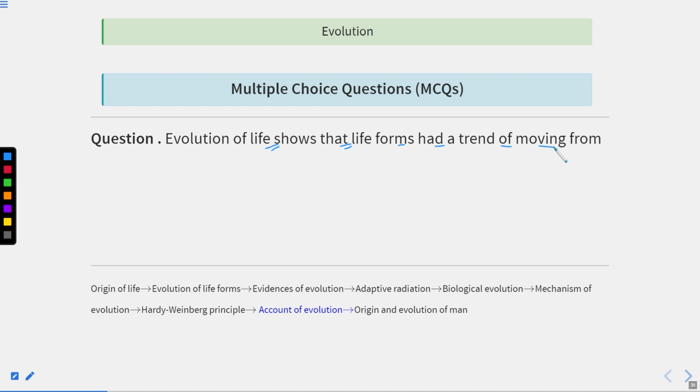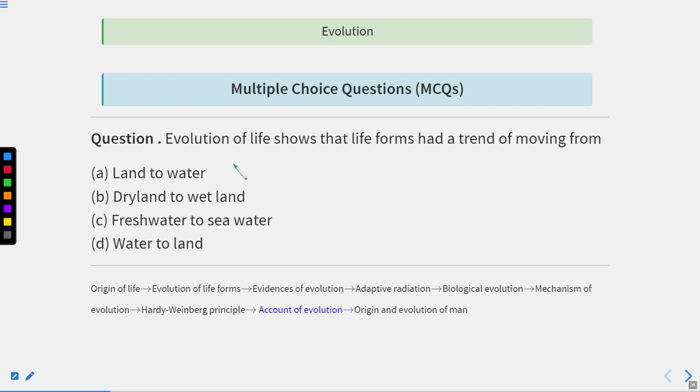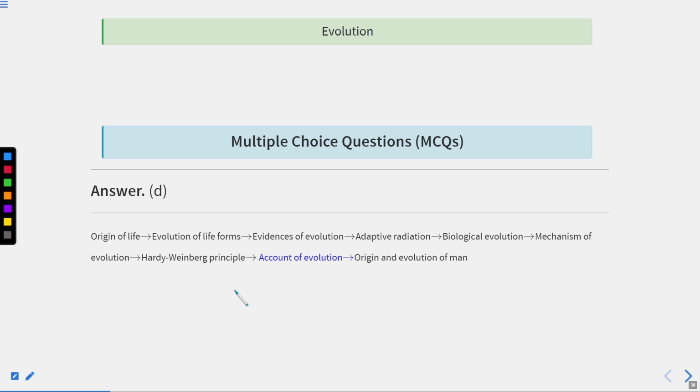So the question is asking, evolution of life shows that life form had a trend of moving from option A, land to water, option B, dry land to wetland, option C, fresh water to sea water, and option D is water to land. Now let's have a look at the answer. Option D is correct here.